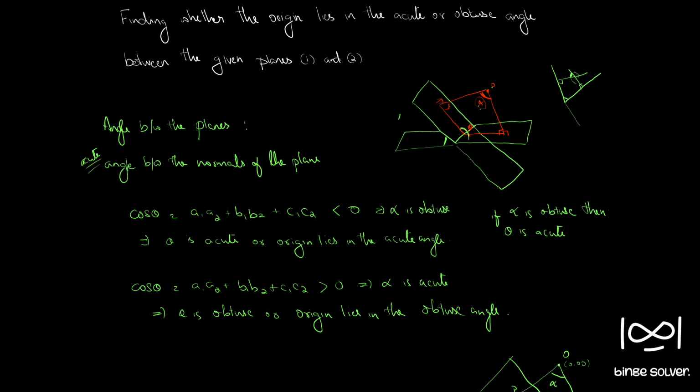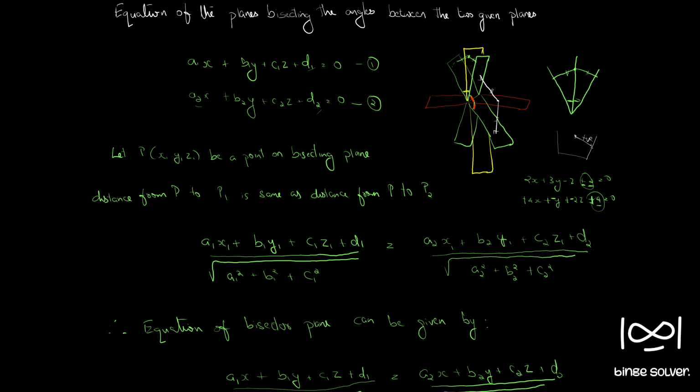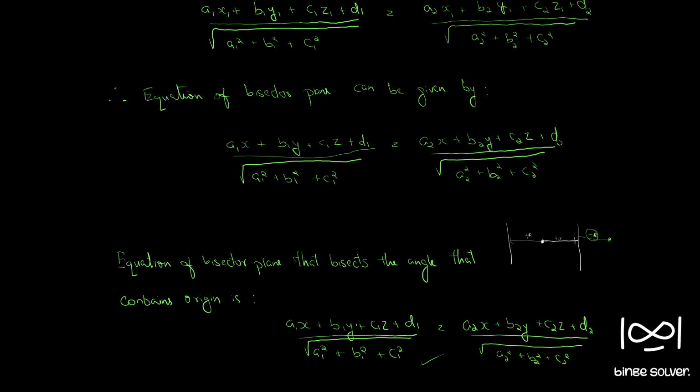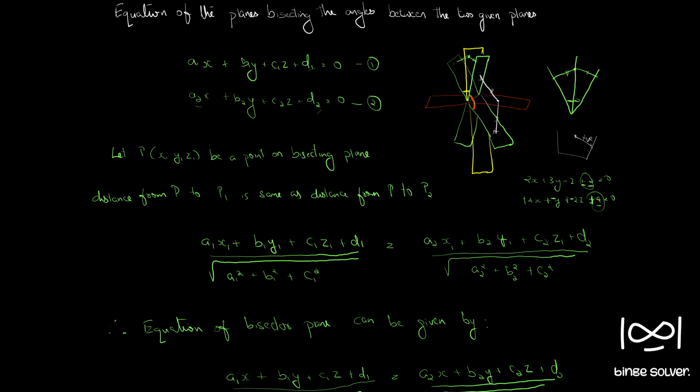We have a method to find whether the origin lies in the acute or obtuse angle, and to check whether the bisecting plane bisects the acute or obtuse angle, along with the equations of the two different bisector planes. The positive sign gives the bisector plane that bisects the angle which contains the origin, and the negative sign gives the equation of the bisector plane that does not contain the origin. So these are the equations that we will be using in the following.